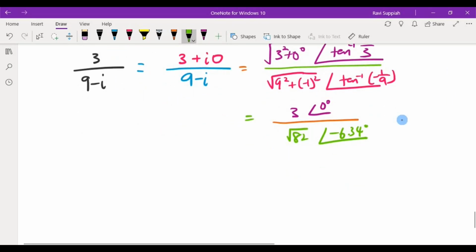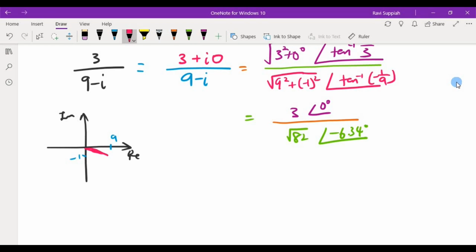As we have seen just now, when the angle is negative, we need to draw the complex plane and see where it lies. So this is the real part and this is the imaginary part. 9 minus I, so 9 will be here, minus I is minus 1. So the complex number is represented by this vector here, which means that the theta, negative 6.34 degrees, is this angle here.